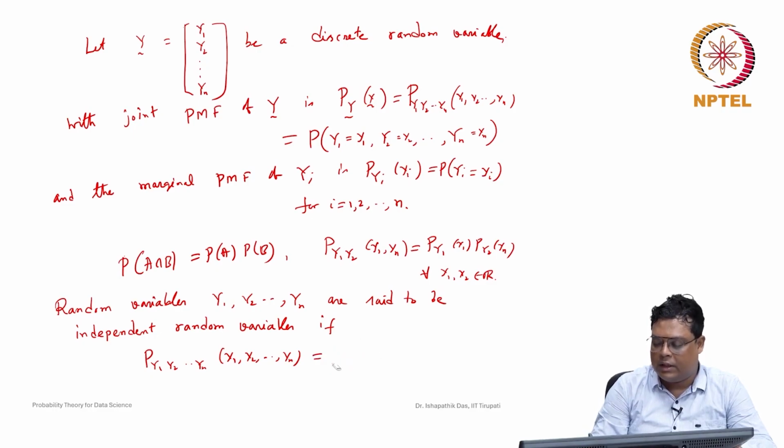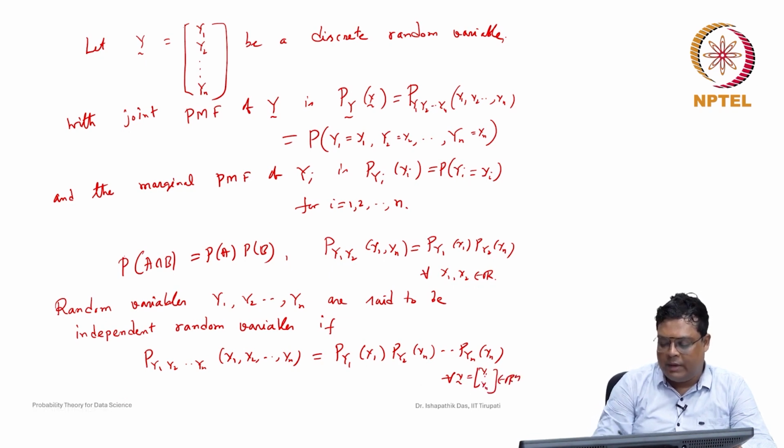Instead of this kind of notation, let us write it in a very simple way: P of Y1 times P of Y2 up to P of Yn. Note that this holds for all Y1, Y2, Yn belonging to Rn.